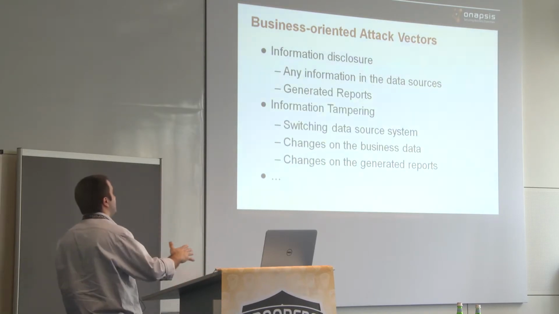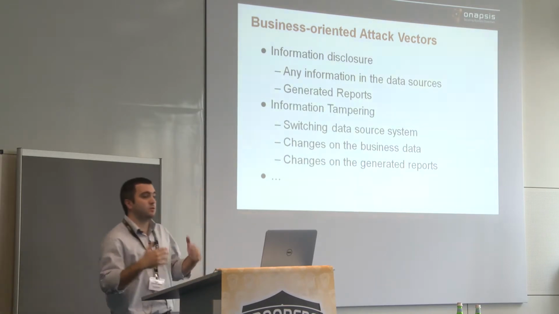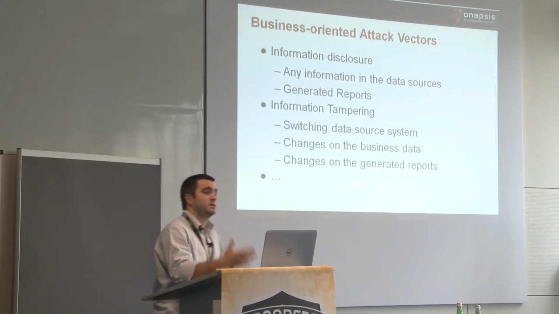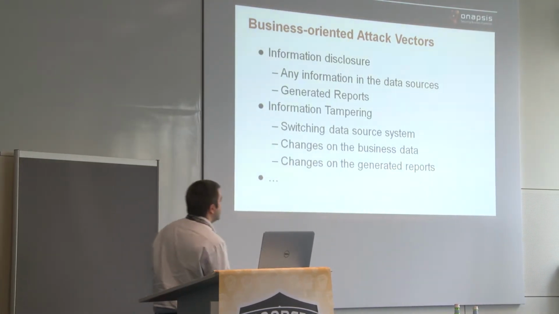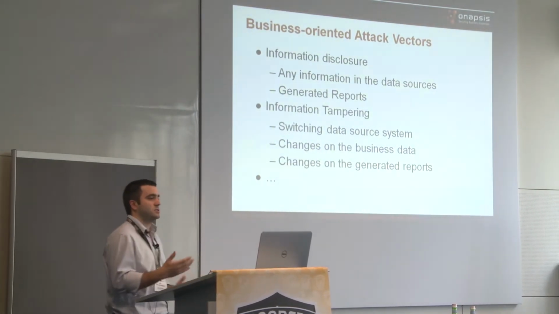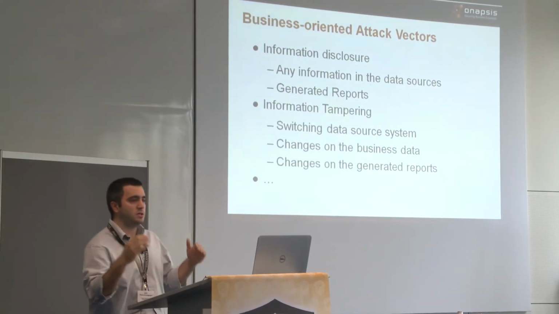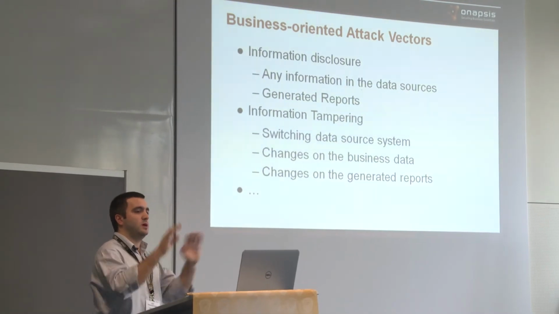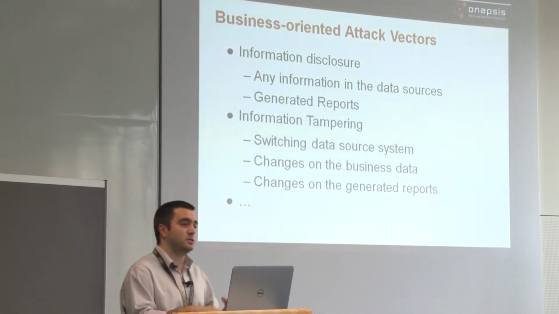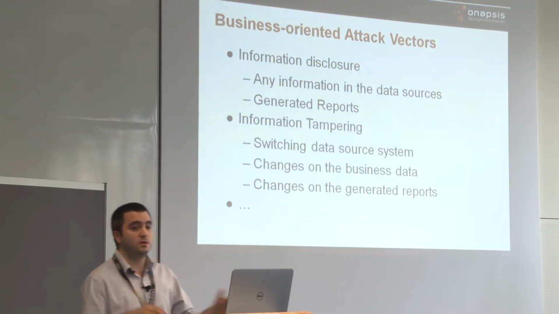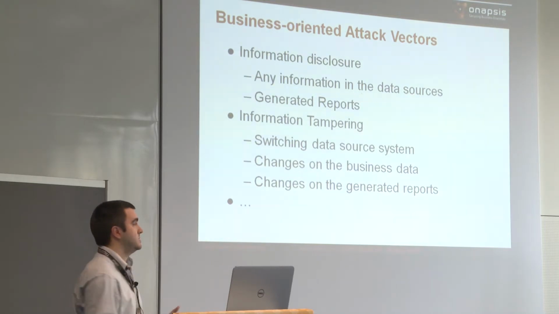As I said before, what are the options that an attacker would have if he has access to the BusinessObjects system? Information disclosure of any information in the data sources, regardless of the reports and all these indicators. BusinessObjects products could be connected, as I said before, to BW or directly to an ERP, a CRM, a business suite system.